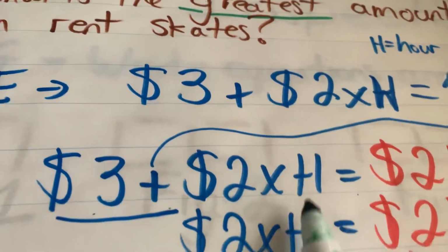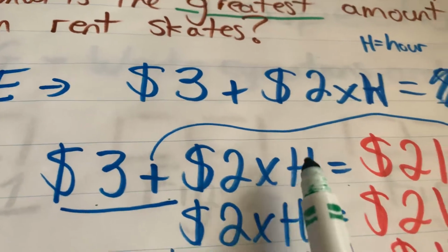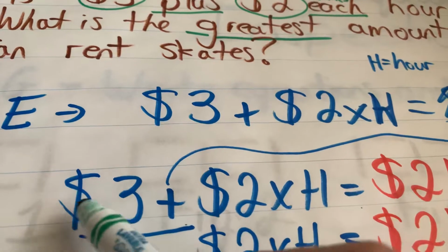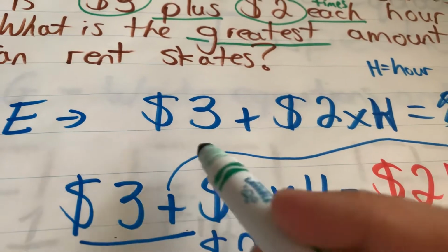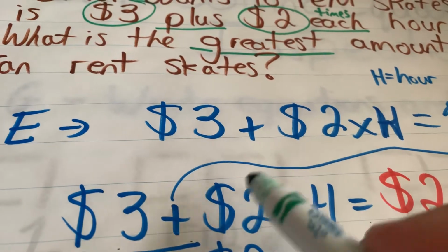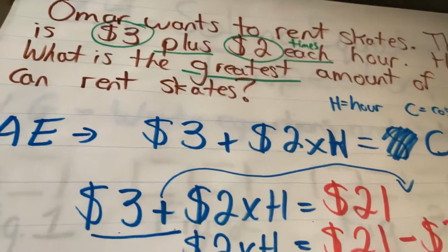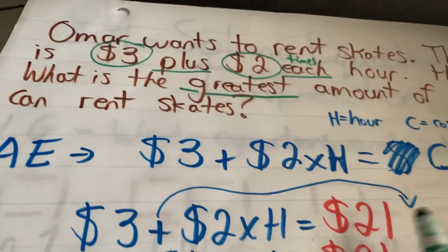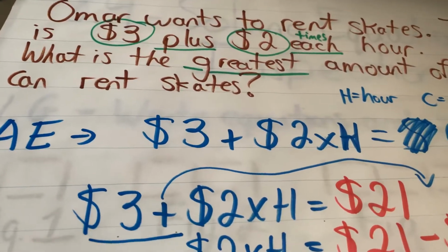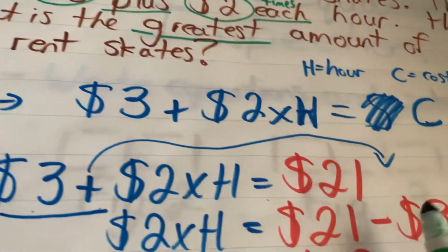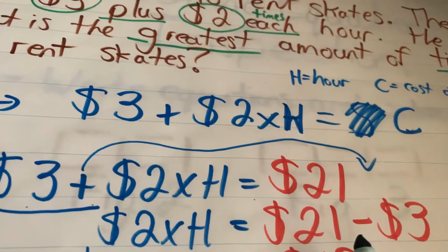We're trying to figure out the amount of hours. So I need to move the 3 plus, and I need to move the 2 times. But I can only move them one at a time, and I have to do the one that's not beside the variable first, which means I'm going to be moving the 3 plus. So my 3 plus, when I move it to the other side, turns into 3 minus.